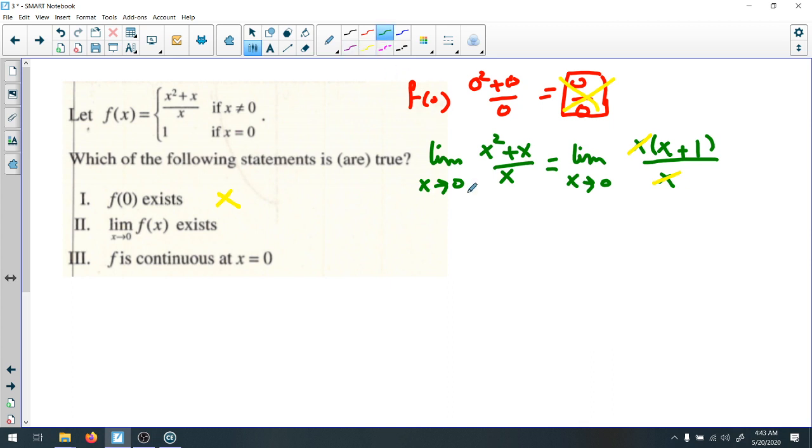So after we simplify, the limit of the function when x approaches 0 will be x plus 1. Now we plug in 0 for x. So 0 plus 1 equals 1. The value here is 1. The limit of step 1 is 1.